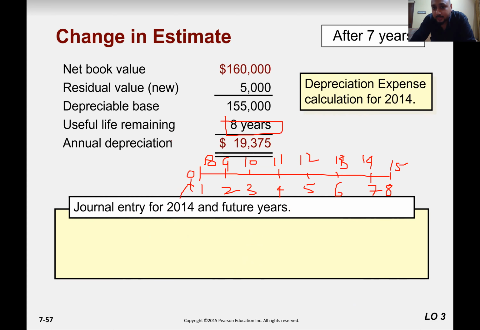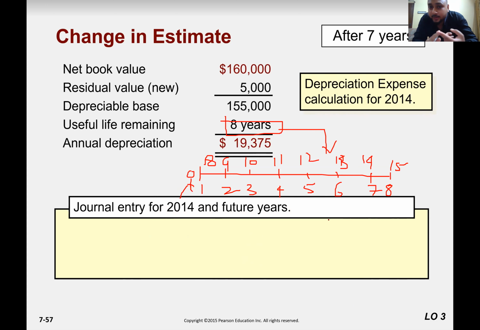So this 8 is coming from here. So many students feel difficulty how this 8 is coming from, because we are at the start of year 8, which means whole year depreciation is going to be included here.